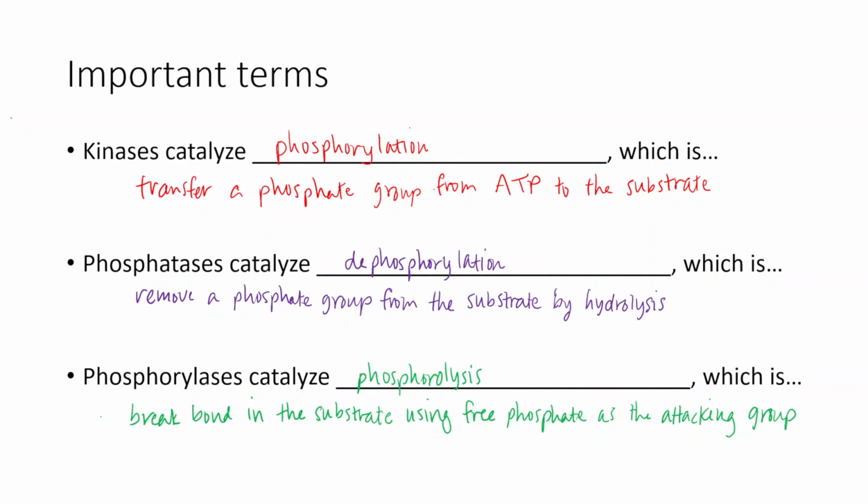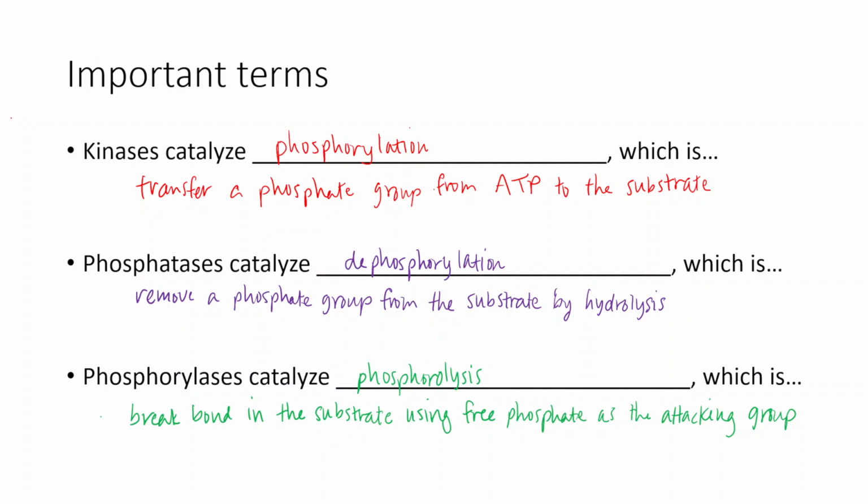So these three reactions, some of the names sound very similar. The actual reaction names do sound very similar, and the enzyme names too. So this is why we have this summary to help you remember which one is which. Phosphorylation is catalyzed by kinases, using ATP as a source of phosphate. This is different from a phosphorylase. That reaction is not phosphorylation, it's phosphorylasis, and it's using free phosphate as an attacking group, and we're breaking a bond, not making a bond.